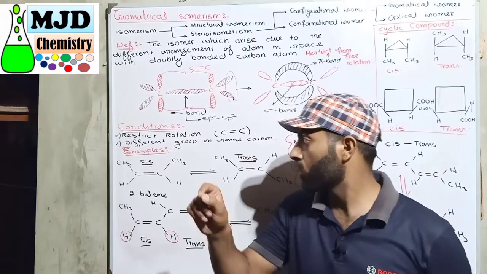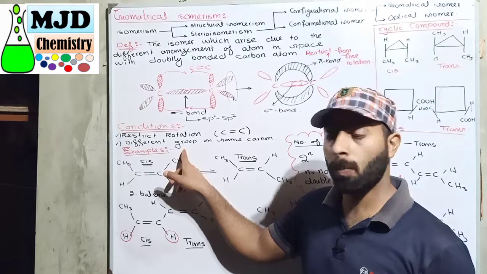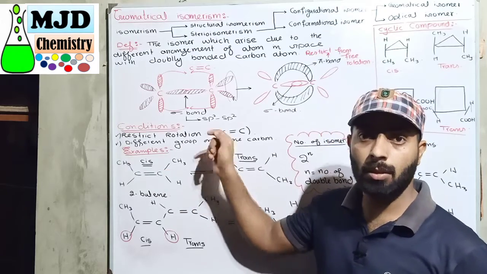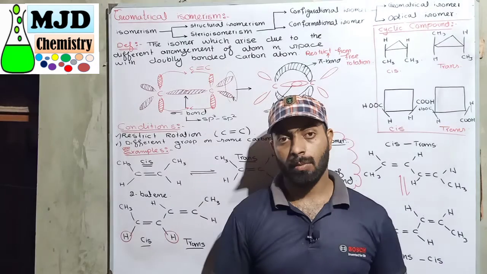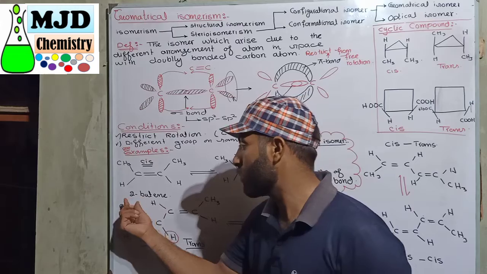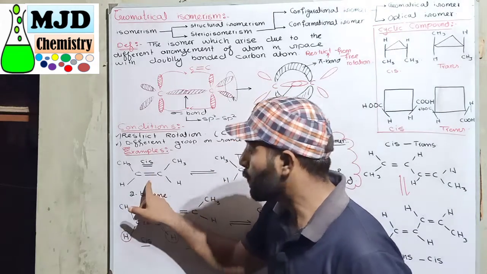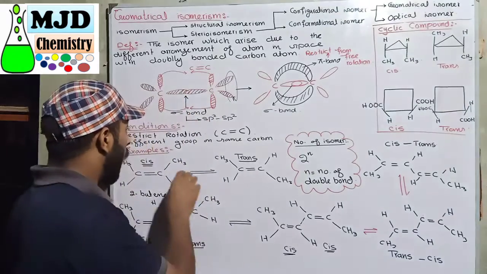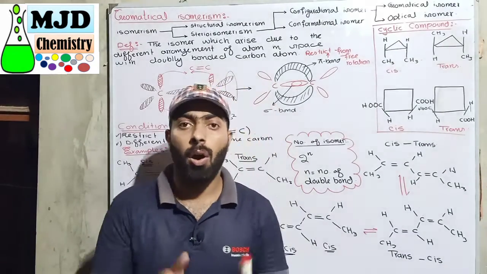And the second condition is different groups. Different functional groups should be present on the same carbon atom. Suppose we take the example of 2-butene. We see whether it satisfies the above two conditions or not.